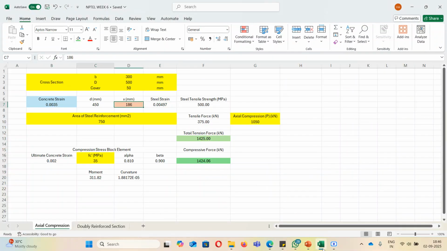And finally for the last point, at concrete strain of 0.004, the neutral axis depth will be 203.5, and at this depth you will find tension force and compression force are almost equal.